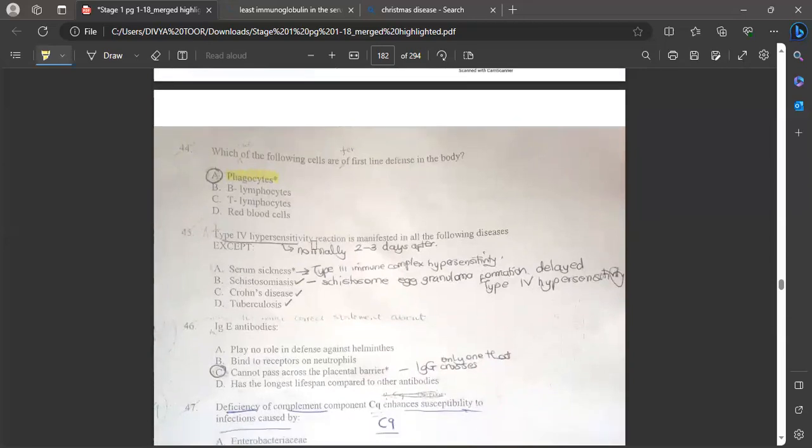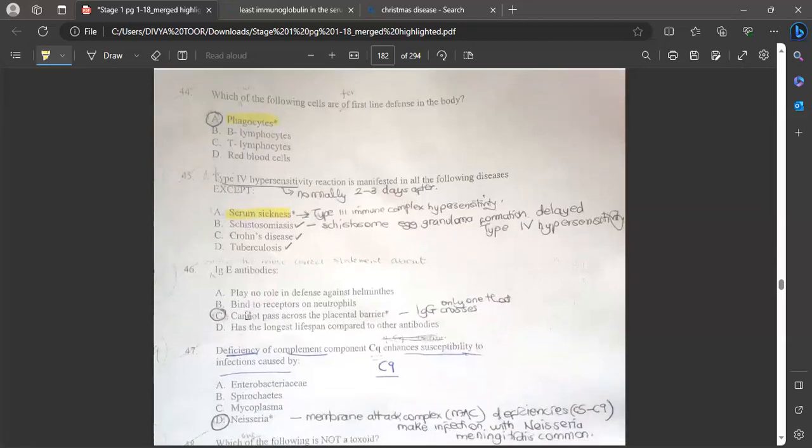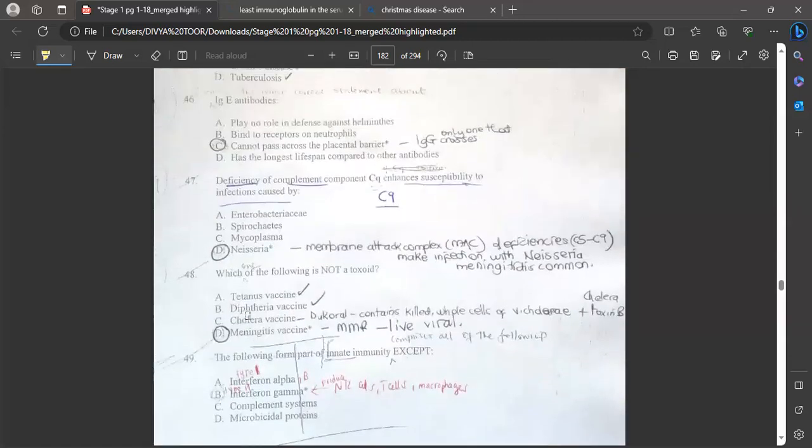Type 4 in all the following except, as we said, serum sickness is type 3. IgE antibodies, we said only one type can pass the placenta, the placental barrier, IgG.